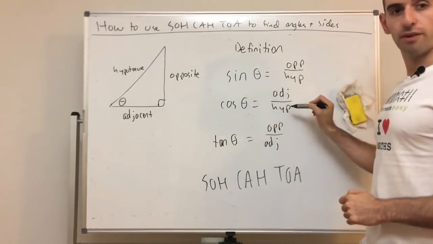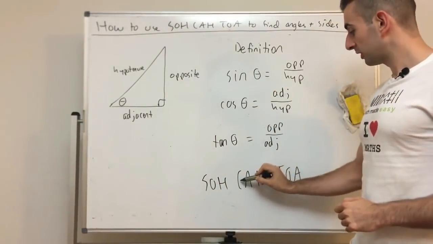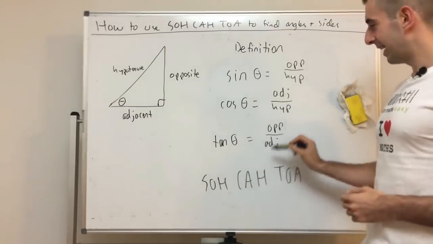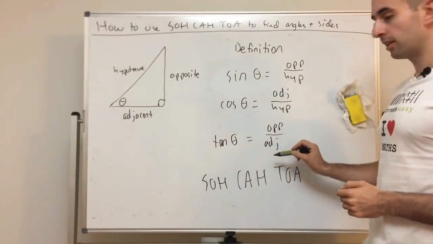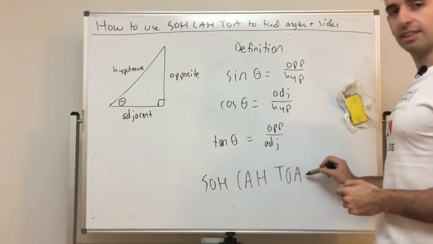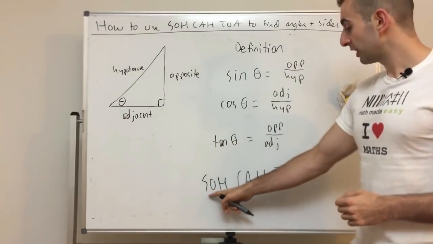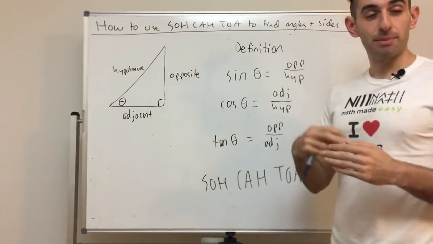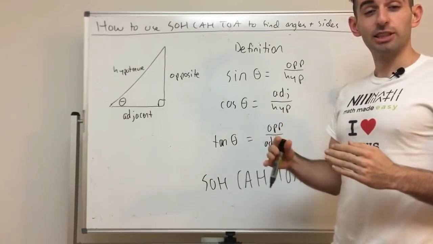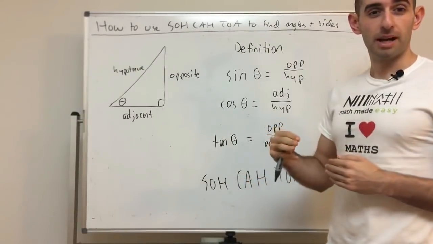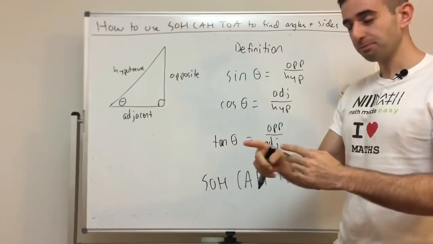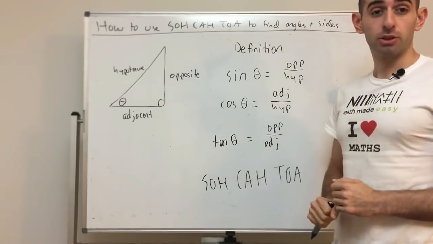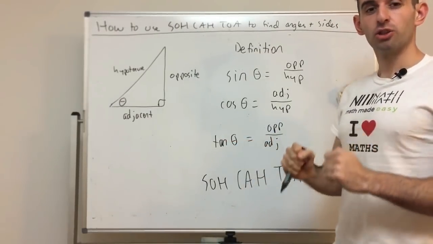Cosine is adjacent over hypotenuse. Cos adjacent hypotenuse. And then tan is opposite over adjacent. Tan opposite adjacent. Right. So you can see this is a great acronym we can use to remember the three ratios. And eventually we won't need this acronym. We'll know all of them off by heart. But as we're starting out, the best acronym to remember, SOH CAH TOA.